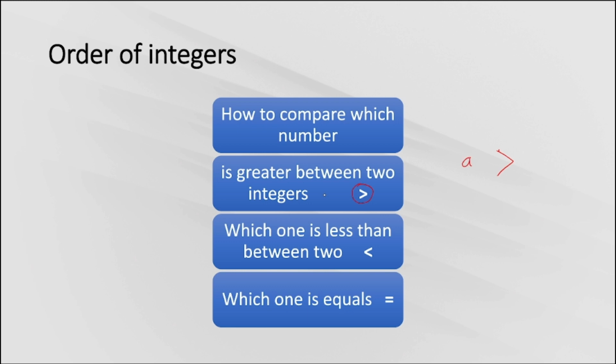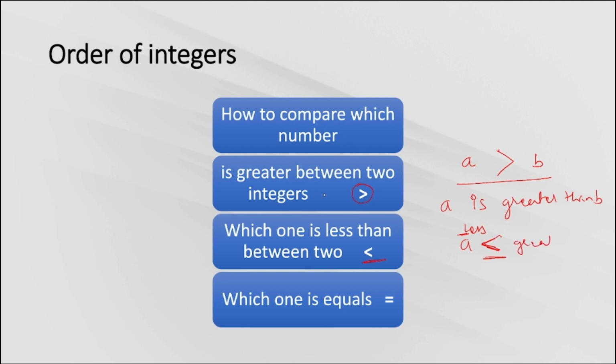If we have A and B, we read it as A is greater than B. And if this one, the arrow side, is the less side, the arrow points to the less one, and the open side is greater.